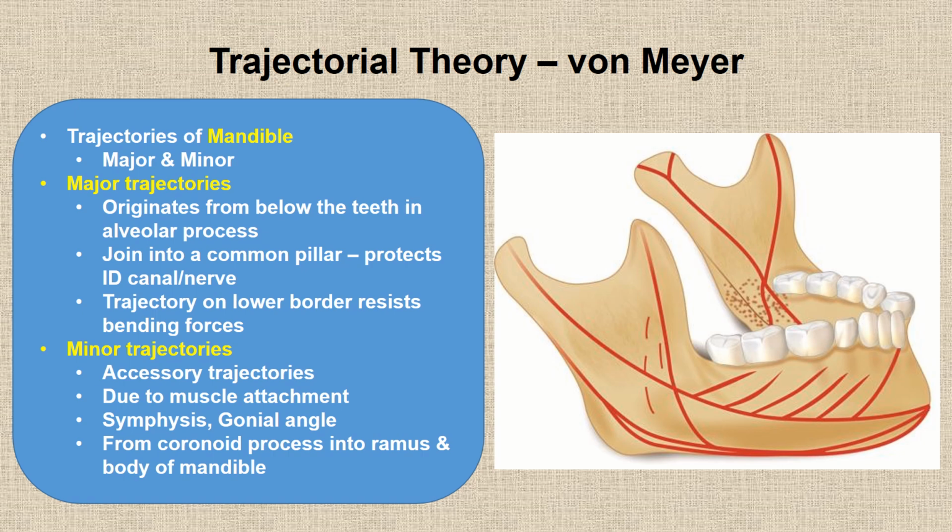Now the trajectory on the lower border of the mandible tends to resist bending forces. Now the next group is the minor trajectories. Now these are accessory trajectories due to muscle attachment. They are found in the symphysis and the gonial angle, and from the coronoid process into the ramus and body of the mandible.